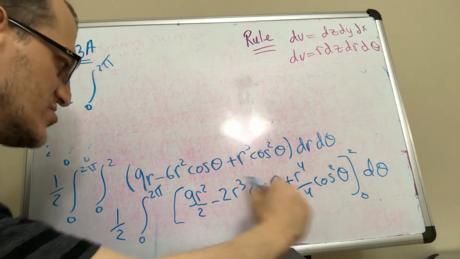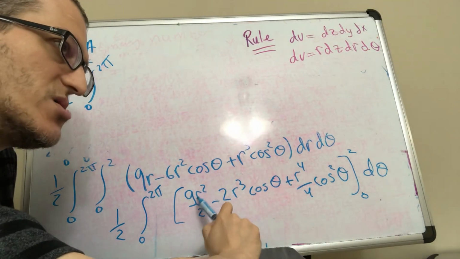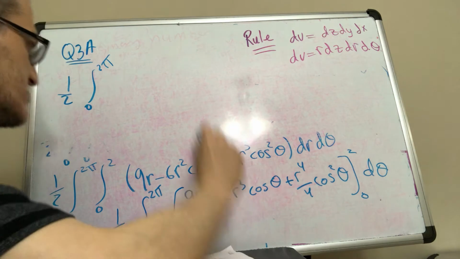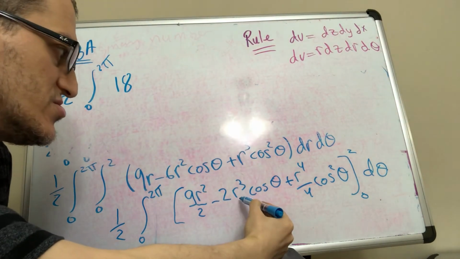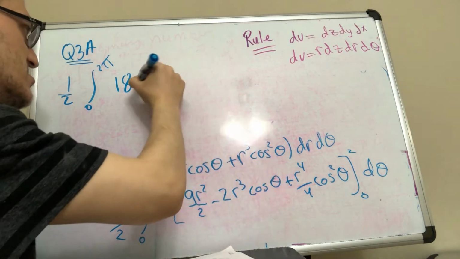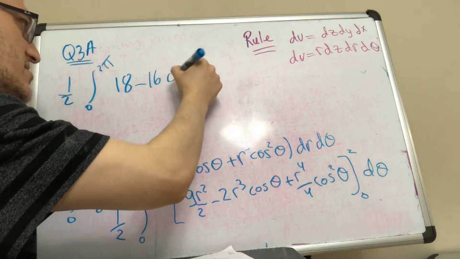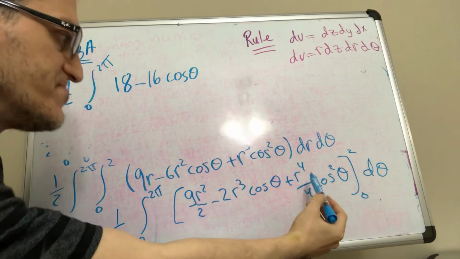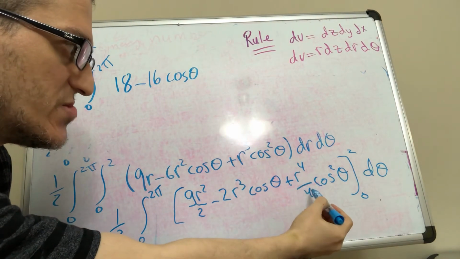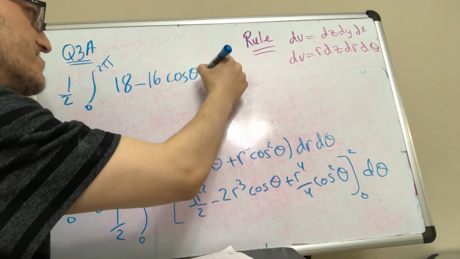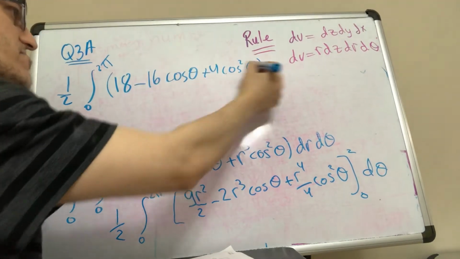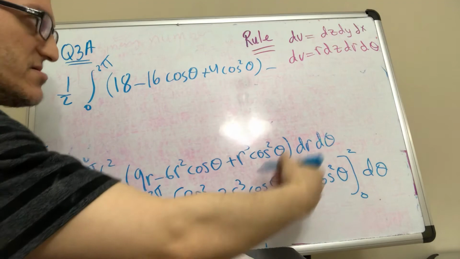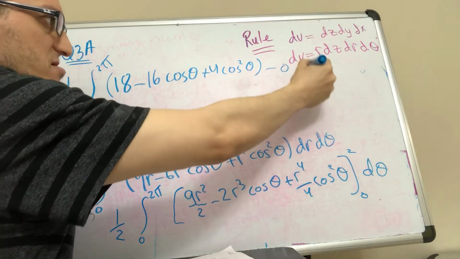We plug 2. 2 squared, 4. 4 over 2 is 2, times 9, 18. 2 cubed 8 and 2, 16 cosine theta. 2 to the power 4, 16 over 4, that's 4 cosine squared theta. Minus, if you plug 0 into r, everything will be 0.